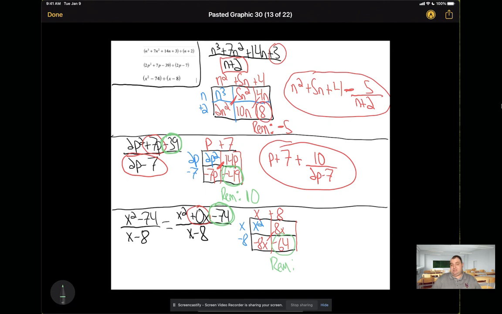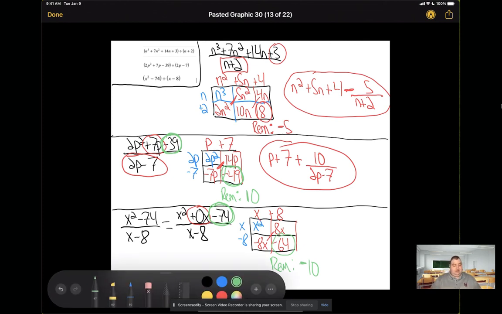Well, negative 64 to negative 74 is down. So we know the remainder is going to be negative. And in this case, it's going to be down by 10. Right? Negative 64 minus 10 is equal to negative 74. So the remainder in this case is negative 10.